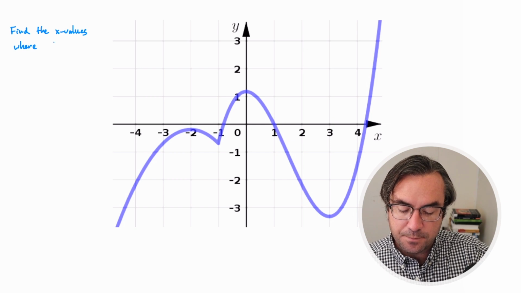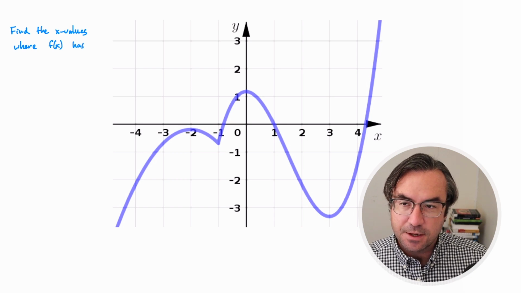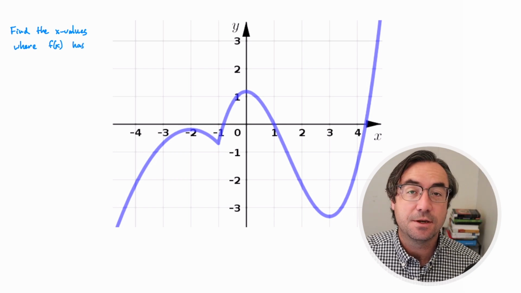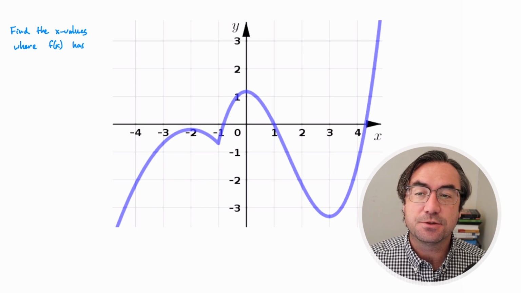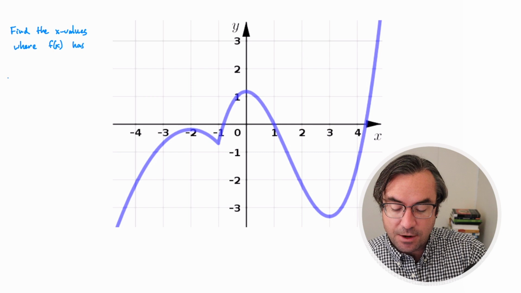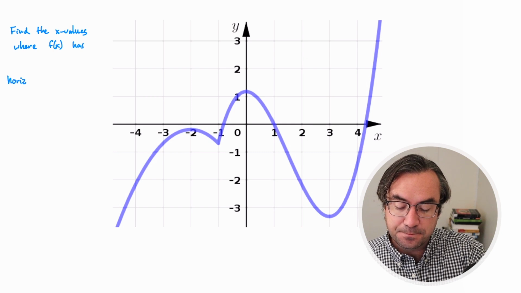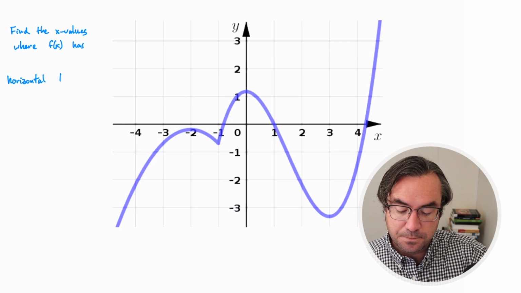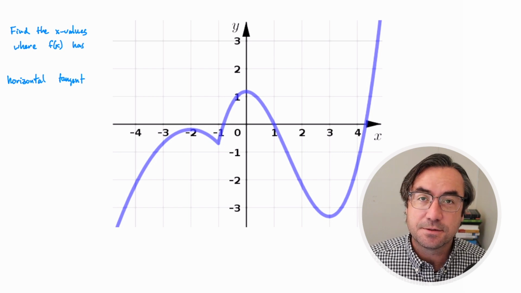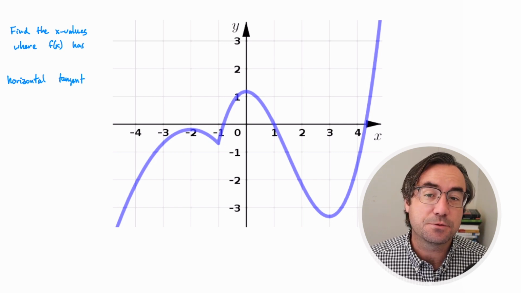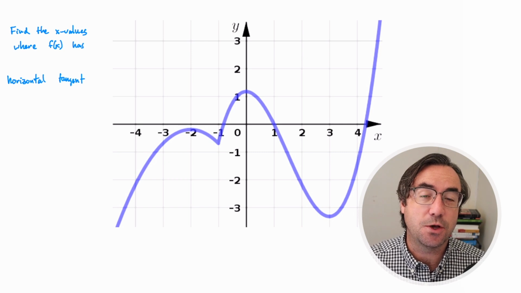where f of x has, now we're looking for two things. We want to find the x values where our function has a horizontal tangent line, and we also want to find the x values where our function has a sharp change in slope.